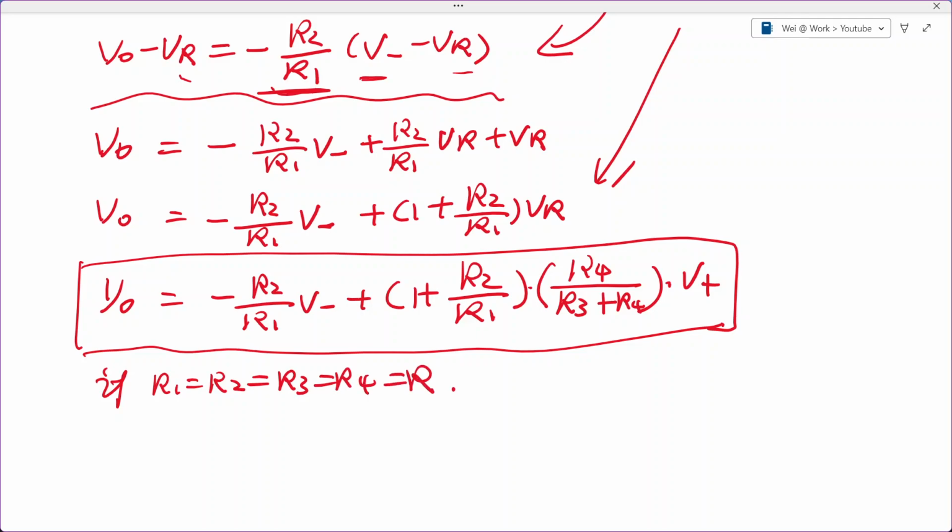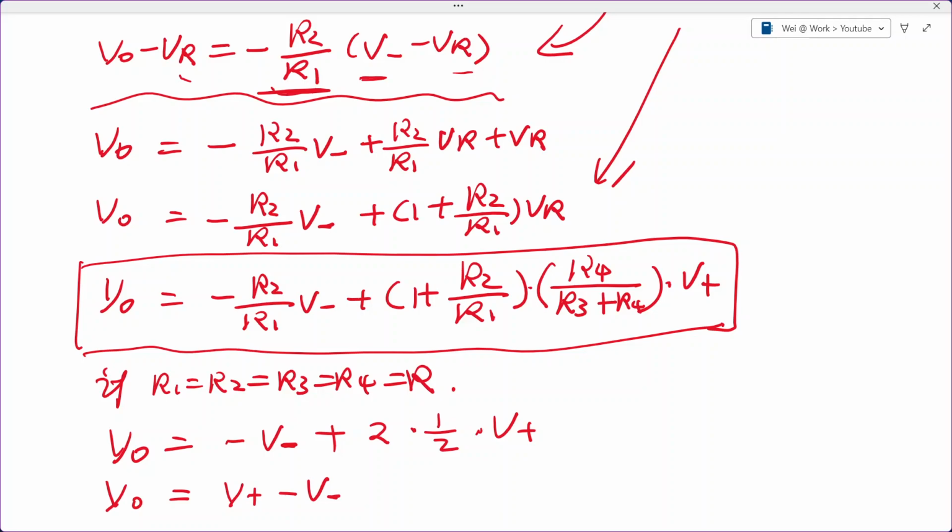Then V out equals, this ratio is 1, so it's minus V minus, plus 2 times 1/2 times V plus. So V out equals V plus minus V minus.